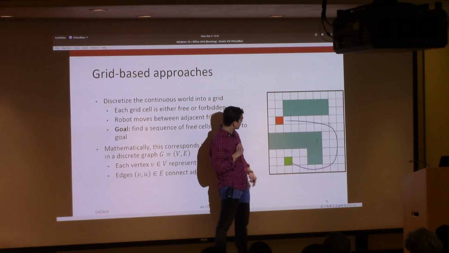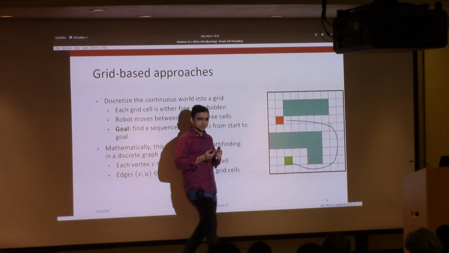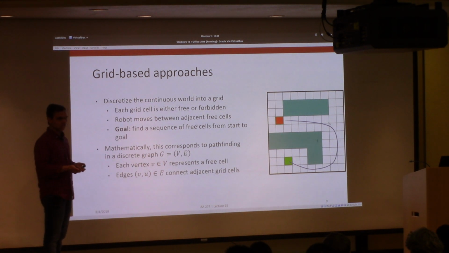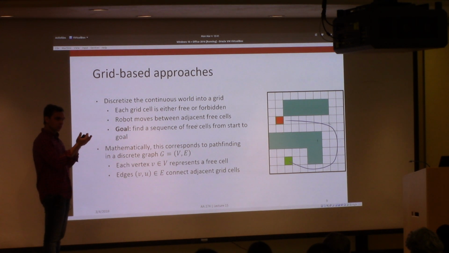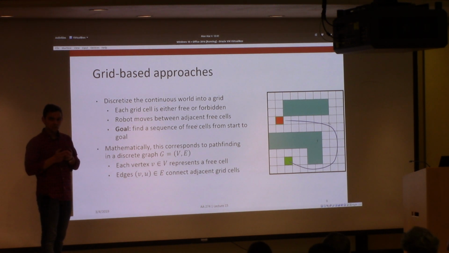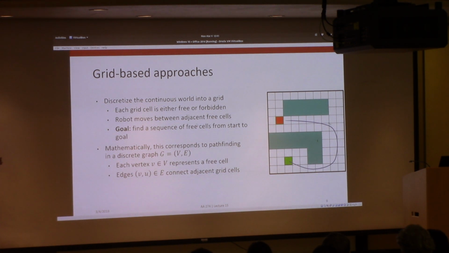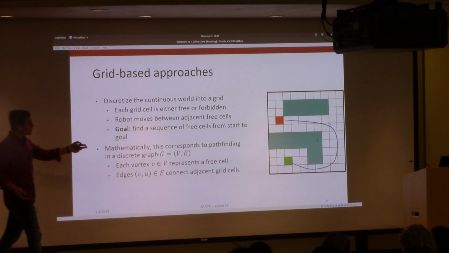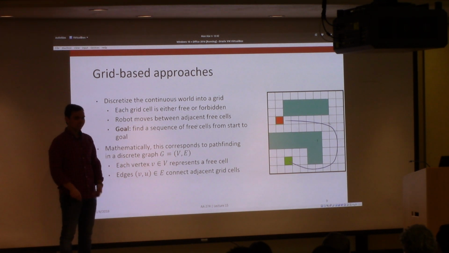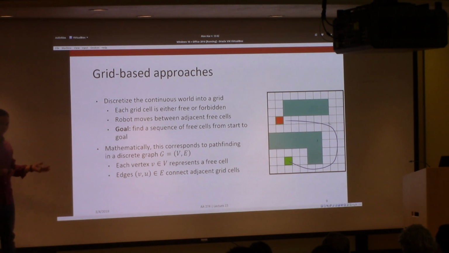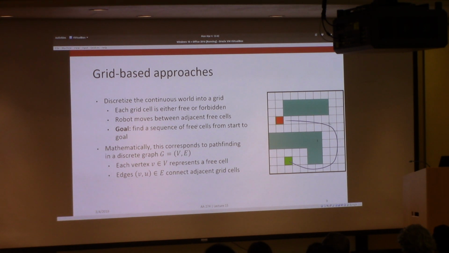An edge between two adjacent cells represents what? A basic motion that moves the robot from the center of one cell to the center of the adjacent cell. And a path that consists entirely of free cells in the graph represents a free path for our robot. So we took the continuous problem that may be very, very difficult and discretized it into a very simple graph representation. Any questions so far?